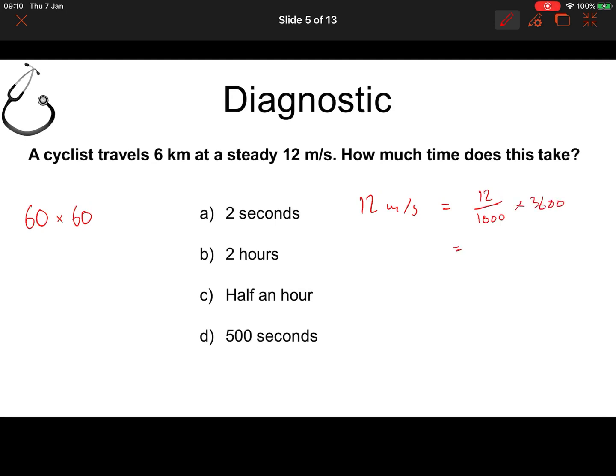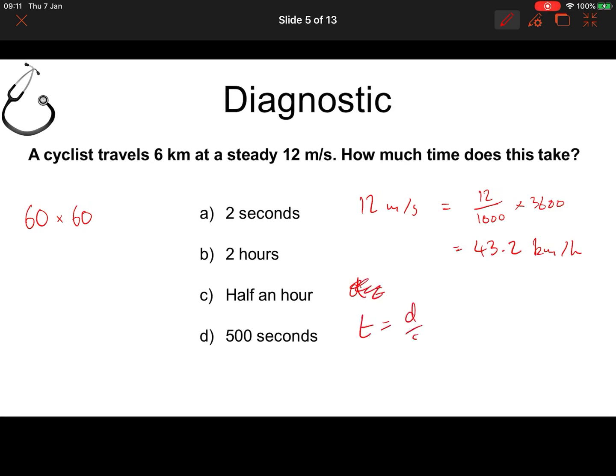Okay, so we've got to times that by 3,600. So 12 times 3,600 divided by 1,000 equals 43.2 kilometres per hour.